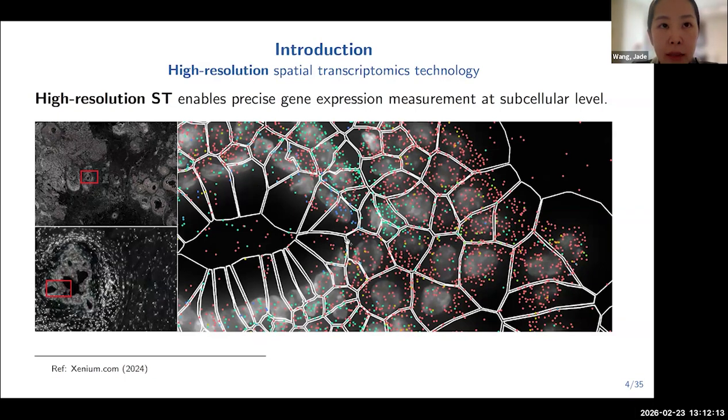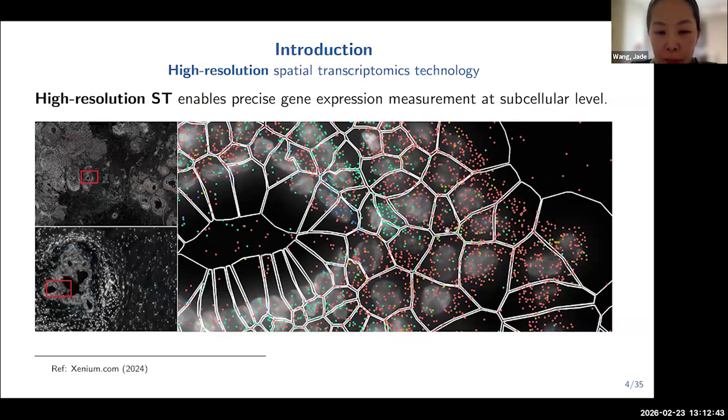This is a 10x human breast cancer dataset. By high resolution, we mean that this technology enables precise gene expression measurement at the subcellular level. For example, in this visualization, those white boundaries are the cell boundaries, and those white shadows are the nucleus staining that highlights the nuclei. Those dots with different colors correspond to the expression of different genes.